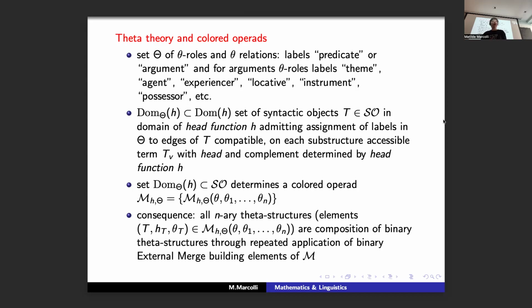But in addition to that, they have to carry these colors that have to do with what theta roles they are involved in. And this operad composition now will have to be compatible both with the head and with the colors of the theta roles that are assigned. Okay, and this, as I was saying, involves only external merge as checking of the theta roles, and not the internal merge as is required by the linguistic theory.